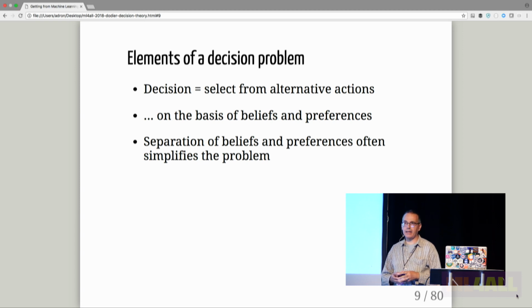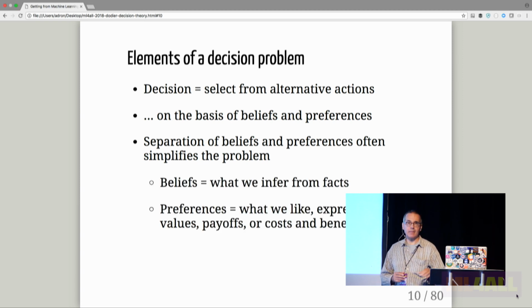So this is the problem decomposition that I'm going to emphasize in this talk, which is to separate the beliefs and preferences. And in this decomposition, the beliefs are often the part that is the most difficult to come by. So we have a collection of facts, and we will infer from these our beliefs.